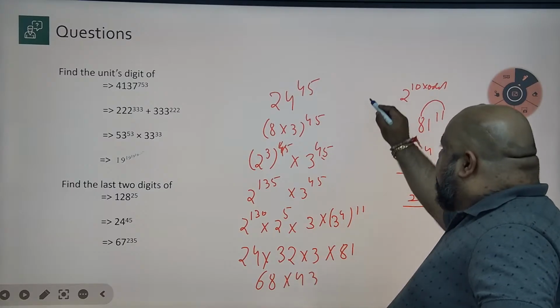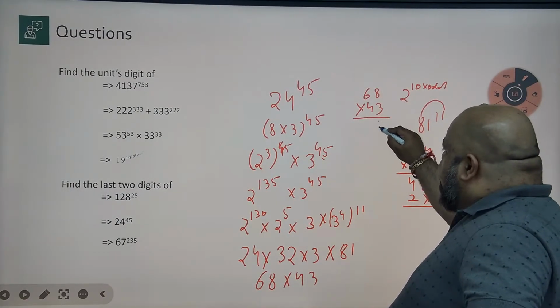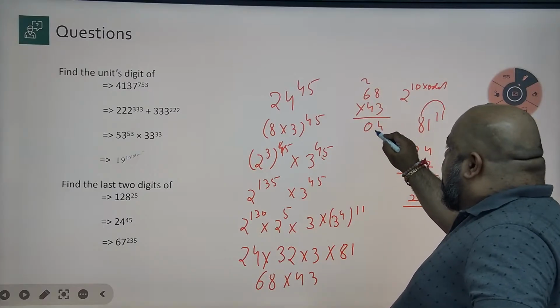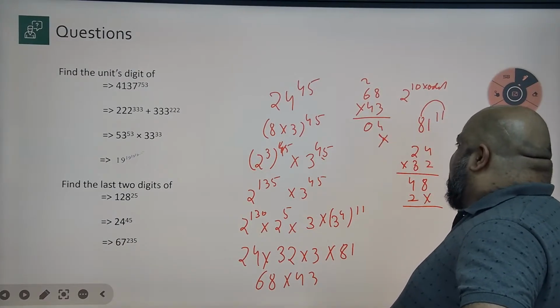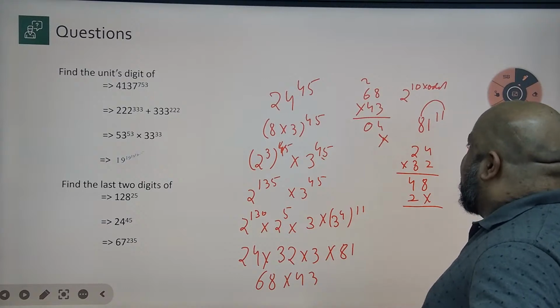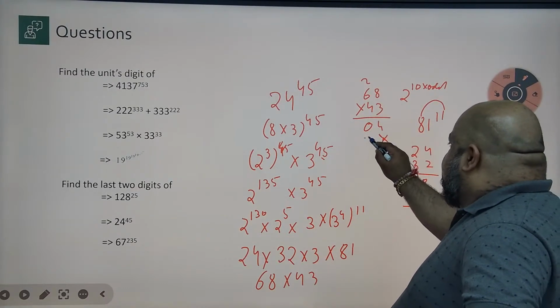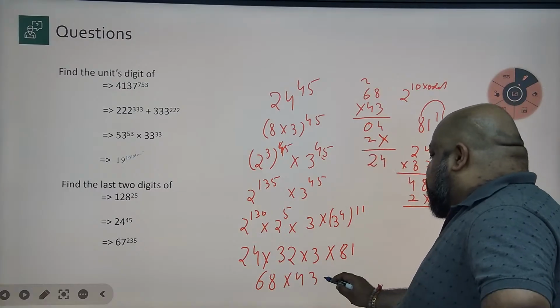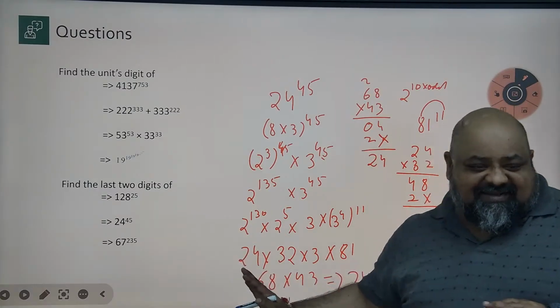So 68 into 43. 4 carry forward to say 20, 136. 4 into 32. This will end in 24. If I have not made a mistake, this should be the answer.